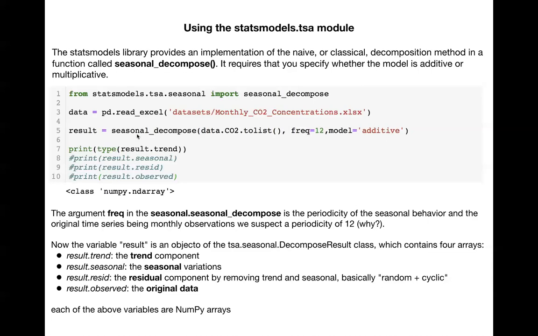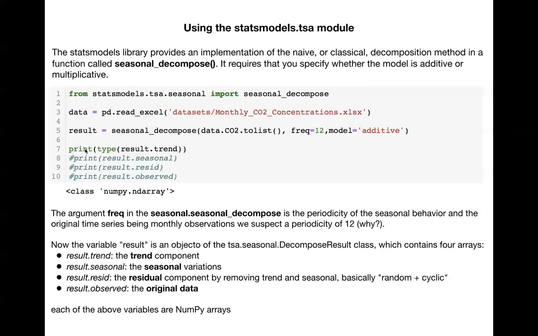Once it's done, it returns an object called result. There are four attributes in the object result. The first is result.trend.